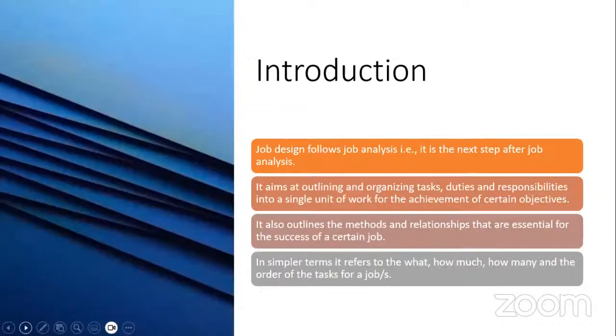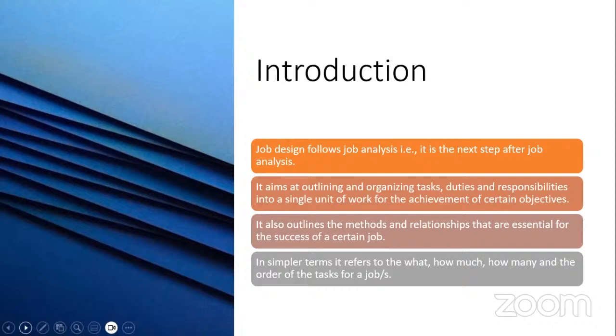So, introduction. Job design follows job analysis. It is the next step after job analysis. It aims at outlining and organizing tasks, duties, and responsibilities into a single unit of work for the achievement of certain objectives.